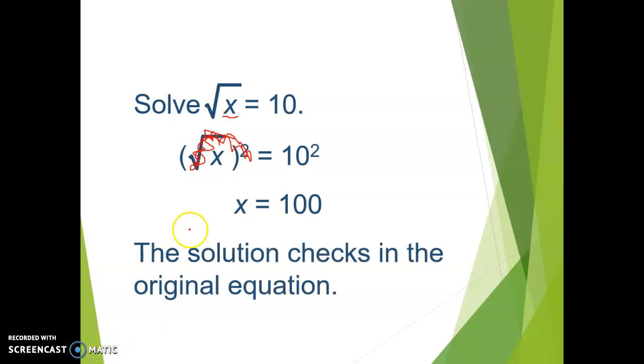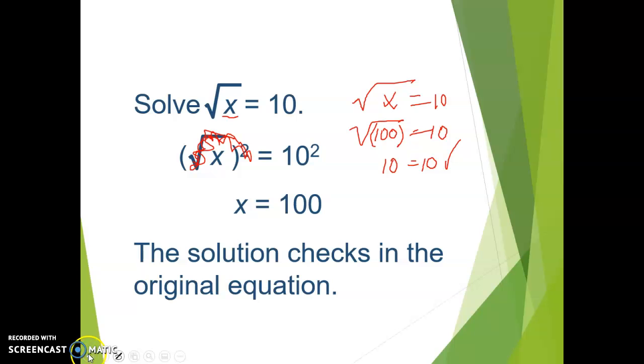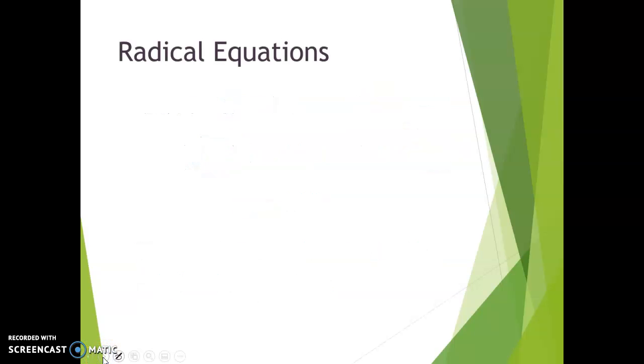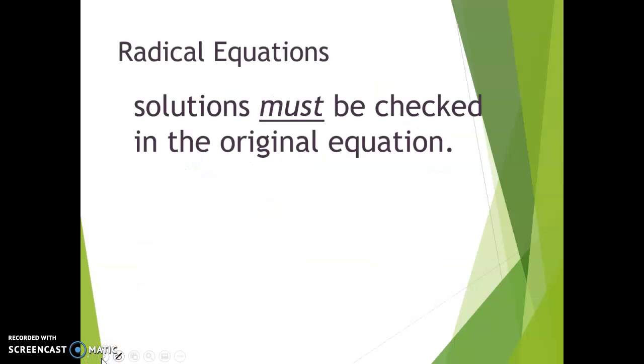The solution checks in the original equation if we plug it back in. So we're going to go right back up here and write square root of x equals 10. We're going to plug in what we said x was, square root of 100, equals 10. And we do know that the square root of 100 is 10, 10 equals 10, so that checks out. We do need to make sure that we check our solution every time in the original equation.